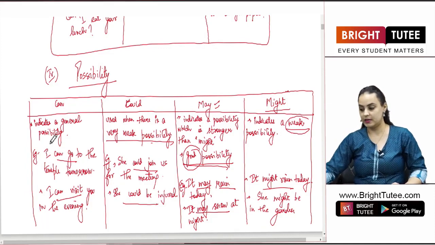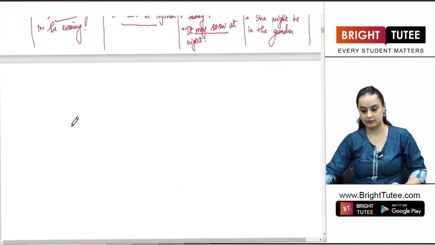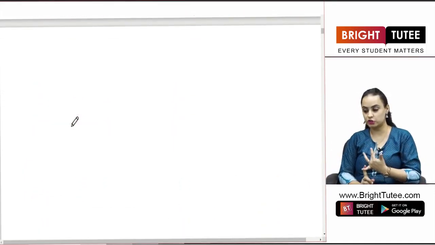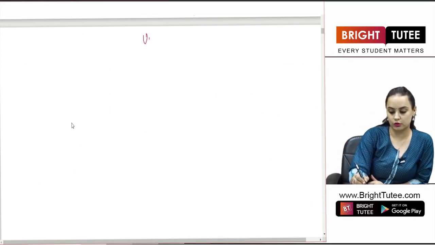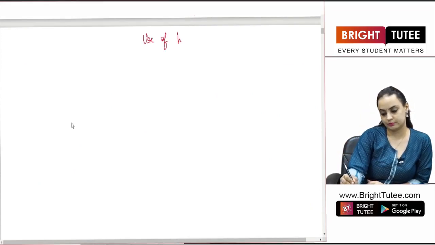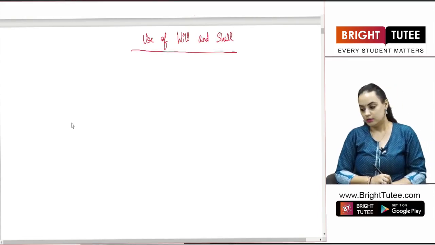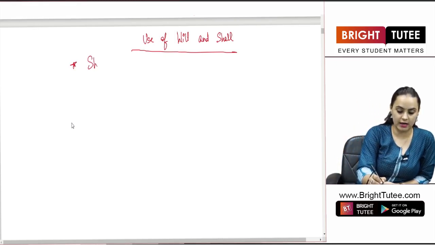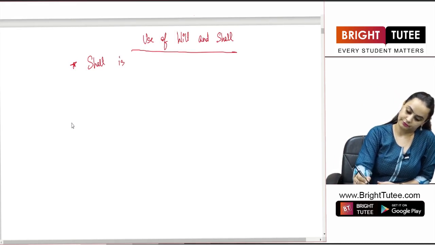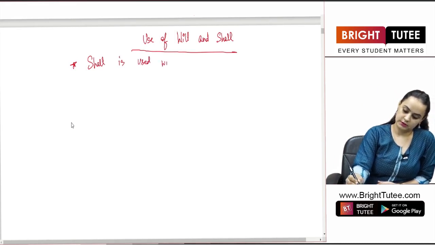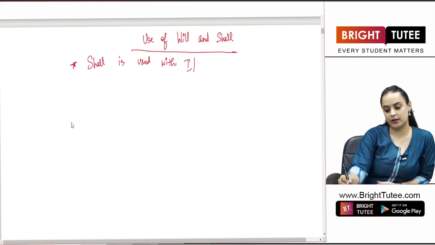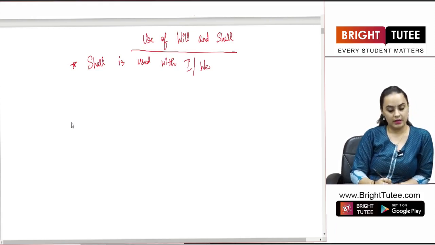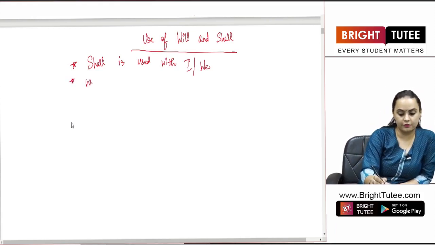Now the next thing that we want to teach you is the use of will and shall. The only thing to keep in mind, shall is used with I and we, and will with all the rest of the pronouns.